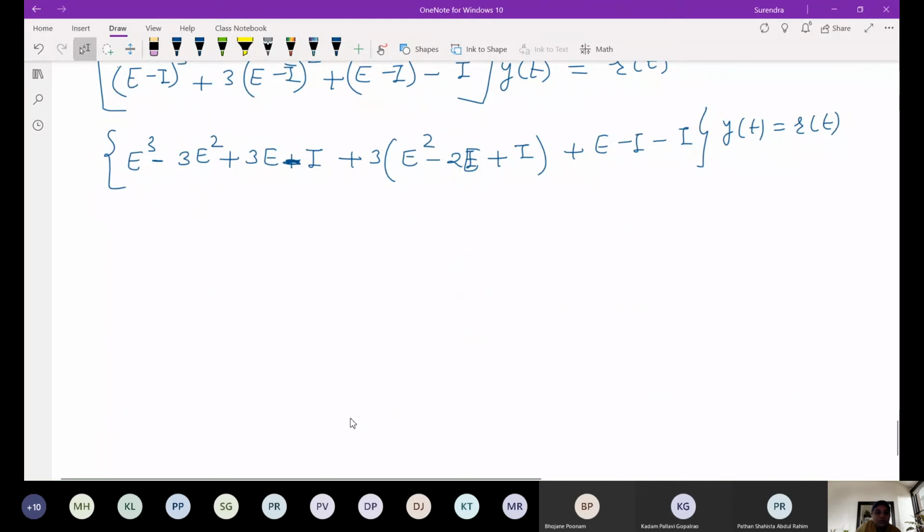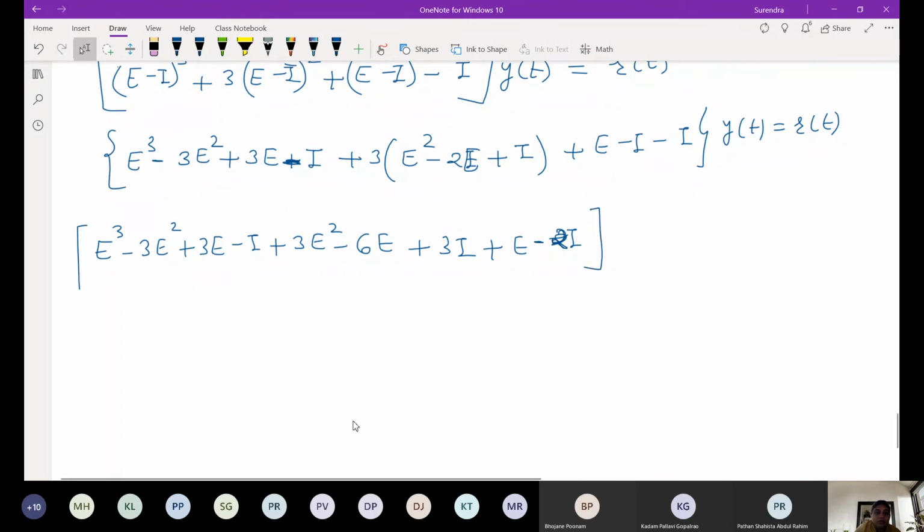So now E cube minus 3E square plus 3E minus I plus 3E square minus 6E plus 3I plus E minus 2 times I operated on yt is equal to rt.